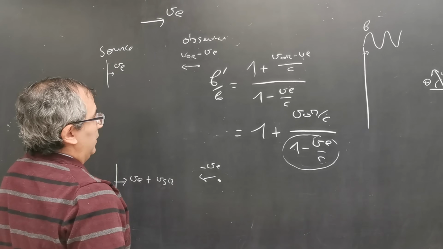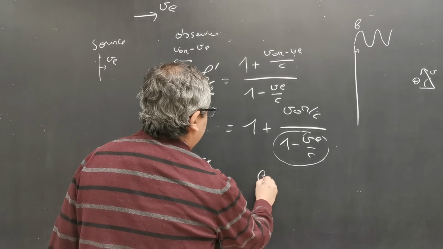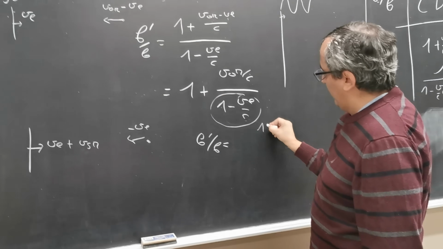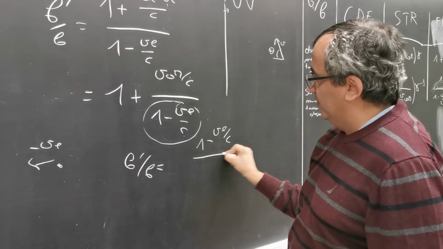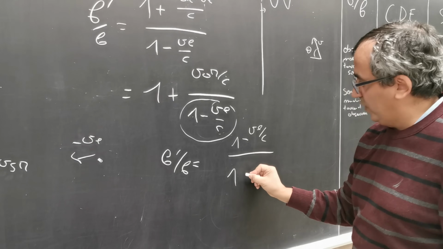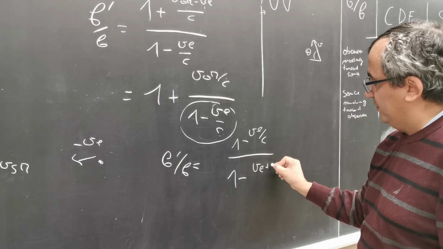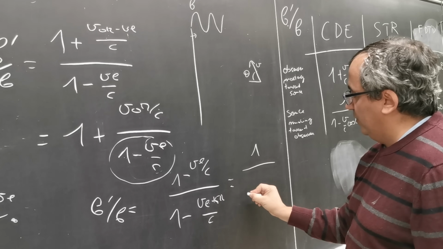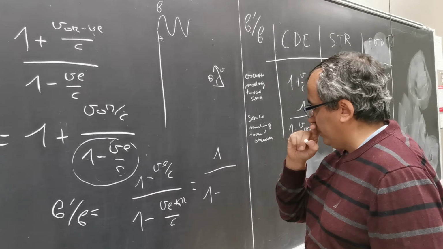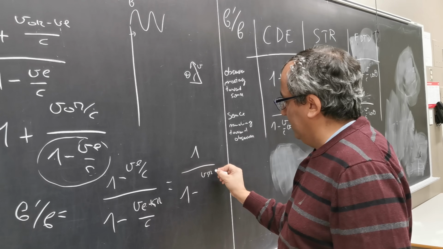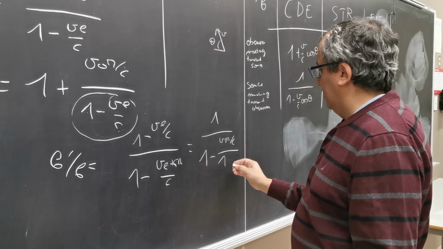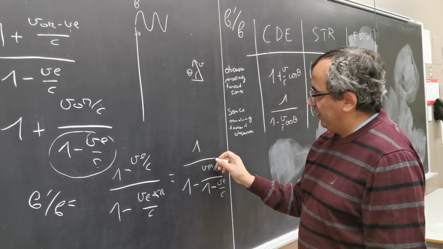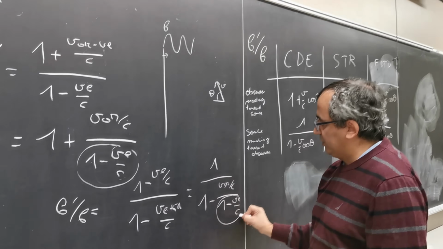So F prime over F equals 1 minus VE over C for the moving source part, and 1 minus (VE plus VSR) over C. This can also be simplified, and you're going to get 1 minus VSR over C, divided by 1 minus VE over C. So we have the same formula as previously, but with this additional term.